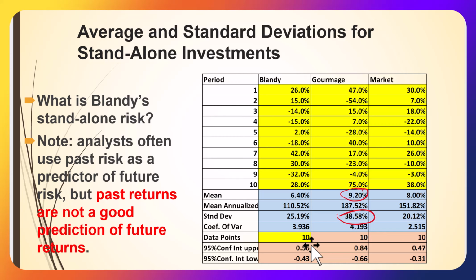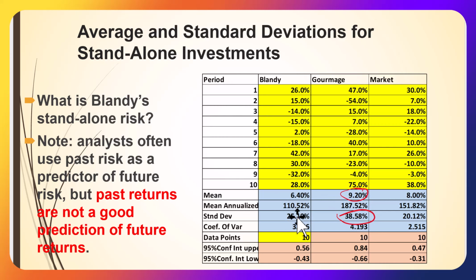So in this case, we have 10 years, or 10 months in this case, 10 periods, if you will, of returns for these investments. If you notice, Blandy has a 6.4% average return, and Gourmand is 9.2%.